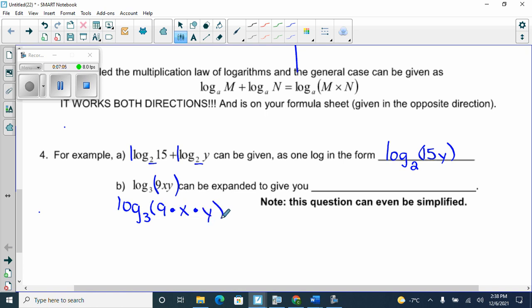I put big multiplication dots in between them to remind myself that I can separate them by plus 1 logs. So I can rewrite this as log base 3 of 9, anything beside a log I put in brackets, plus log base 3 of x plus log base 3 of y.